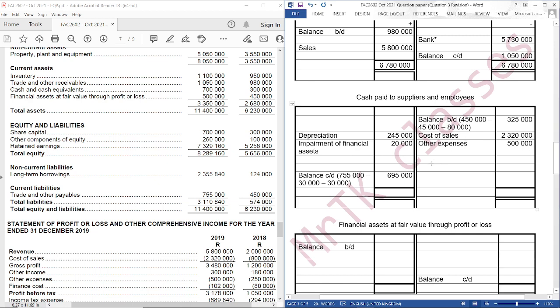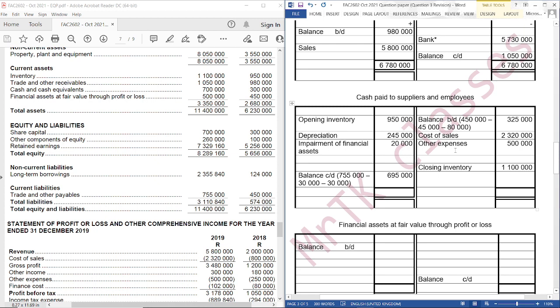If we want to add closing inventory to it, we should post closing inventory that side. So our closing inventory 1,100,000, right? So it means opening inventory should come this side. Opening inventory. How much is that? 950,000.